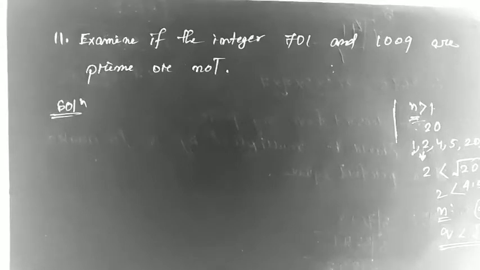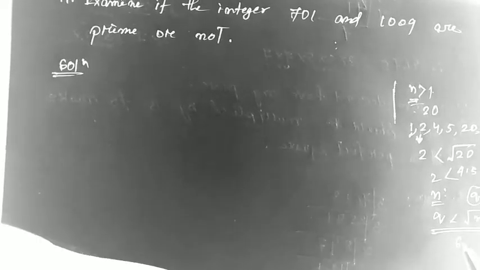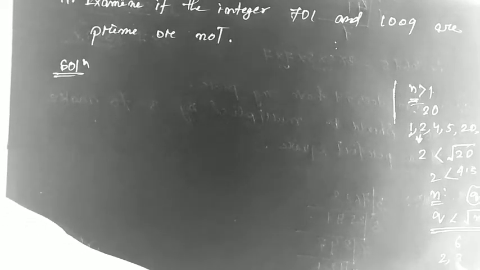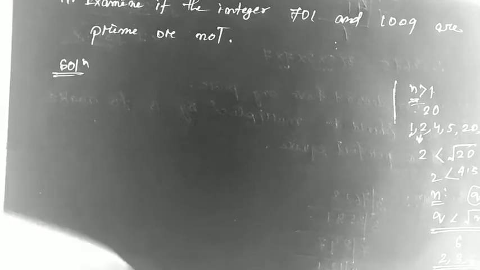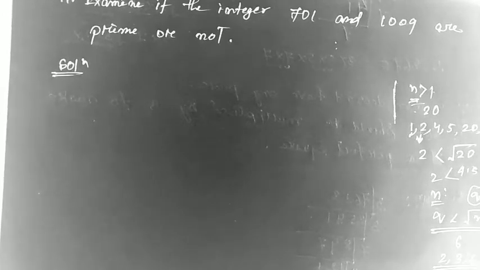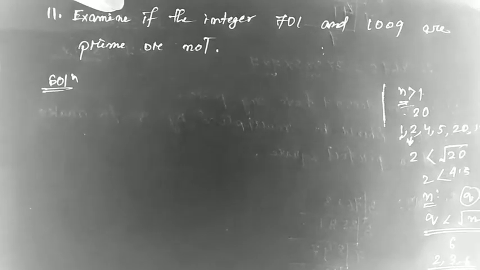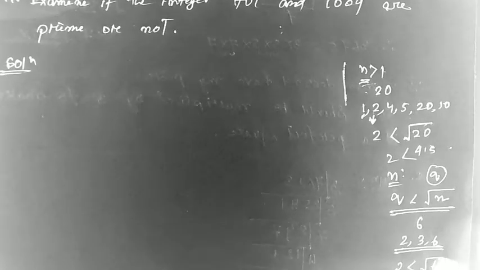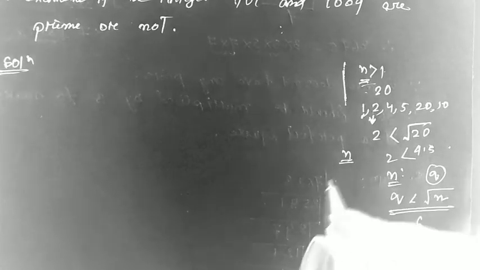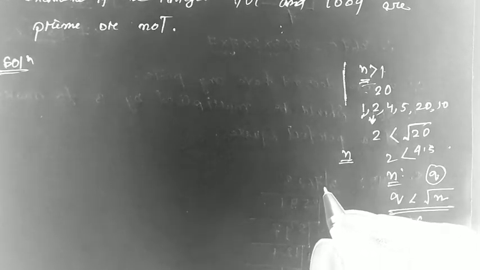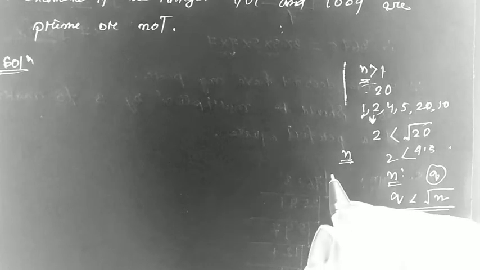Suppose 6 is a number. 6 has factors 2, 3 and 6. So among these factors, 2 is the least factor and 2 is less than the square root of 6. So this is theorem number 12. Using this theorem, we have to prove it. Again I am telling, if n is a composite number, n will have some factors.